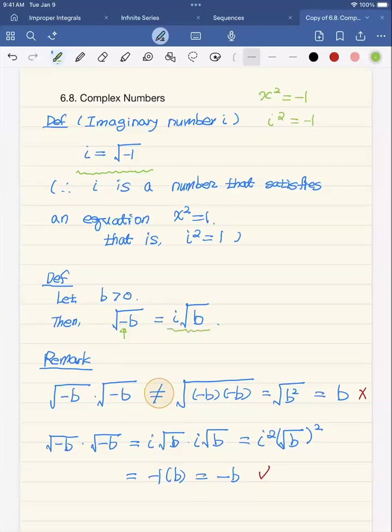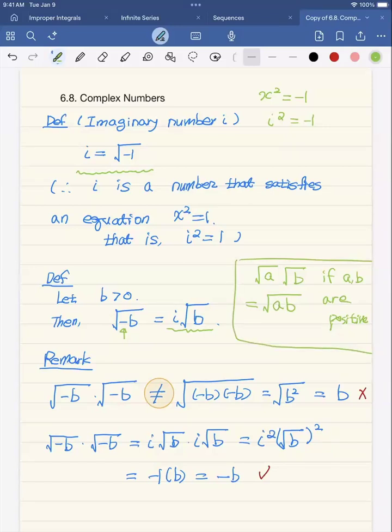What you have to be very careful about is that with real numbers, the positive real numbers, if a, b are positive, then that can be written as square root of a times b.